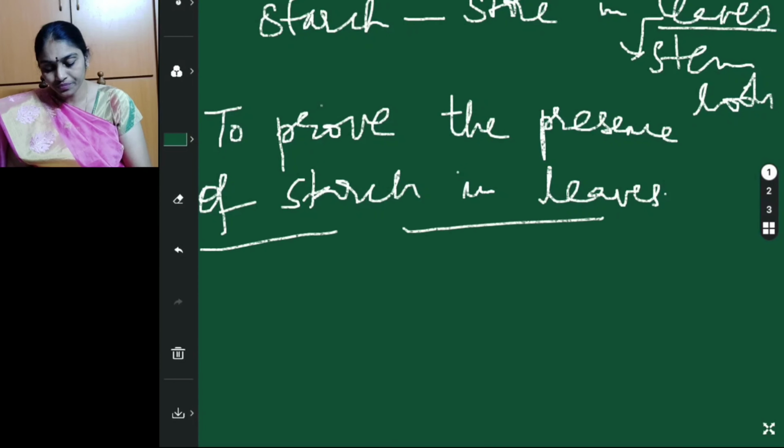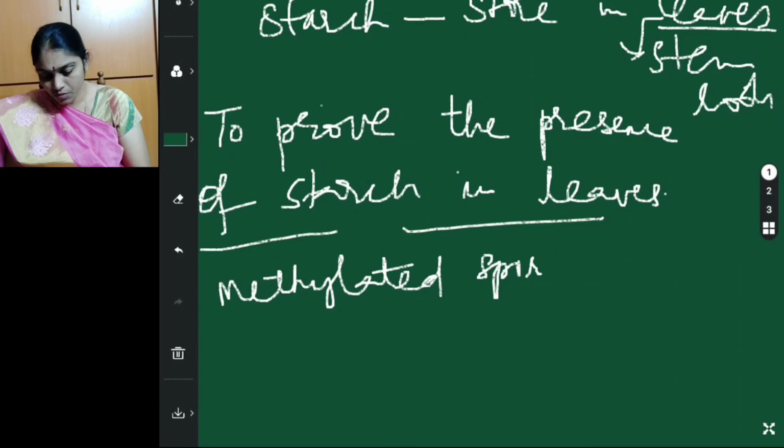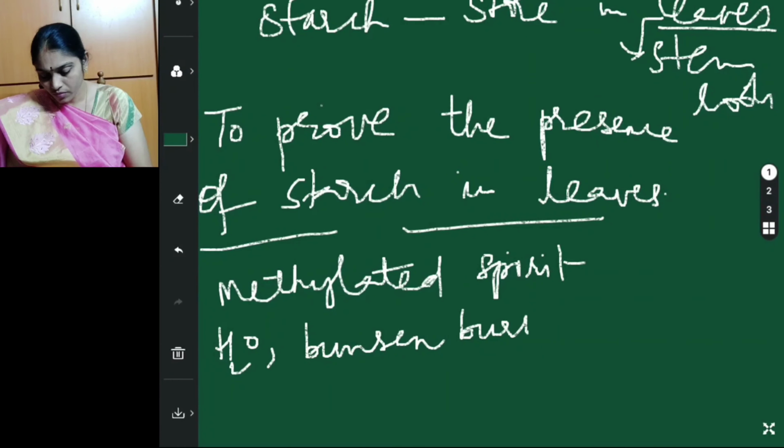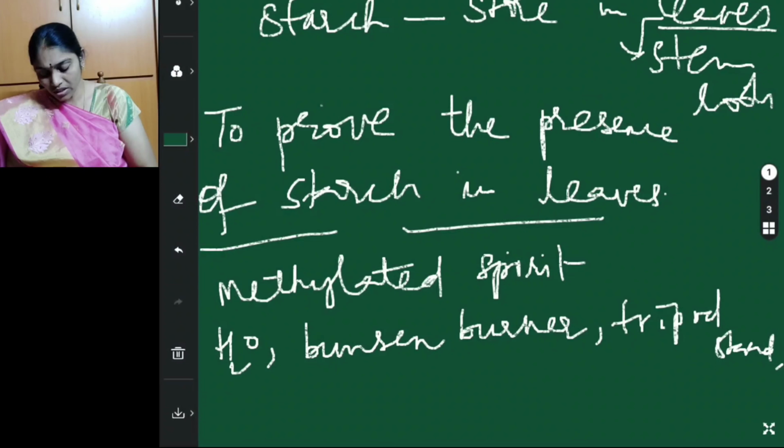The required items are methylated spirit and water, a Bunsen burner, a tripod stand, and a thin, long leaf.